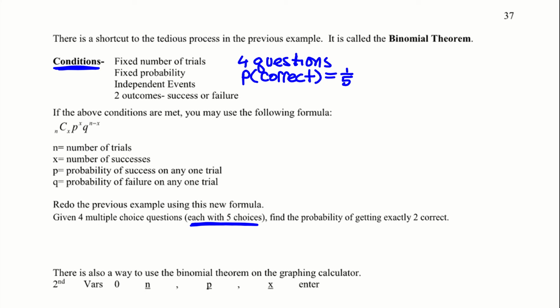All right, whether I flip it 2 times or 200 times, I'm always going to have a 1 in 2 chance. Same thing with a die. All right, but when you get into marbles and cards and things like that, if I remove a card from a deck, I have now changed the probabilities. All right, it's no longer out of 52, it's out of 51. All right, in this case, my independent events applies because I'm always going to have 5 choices.